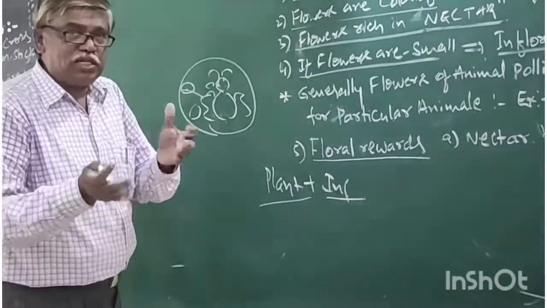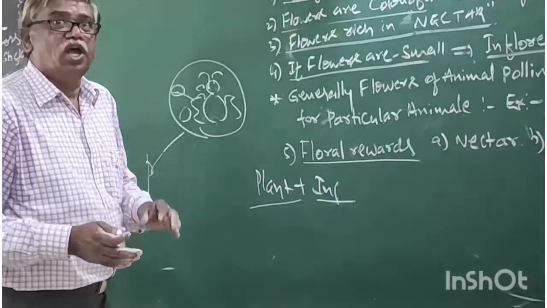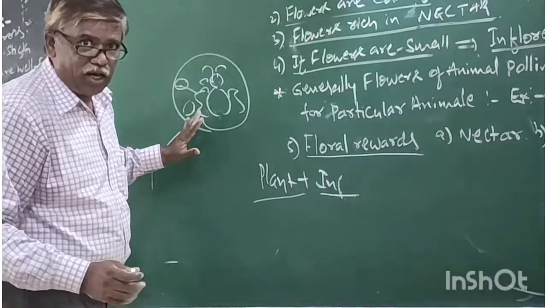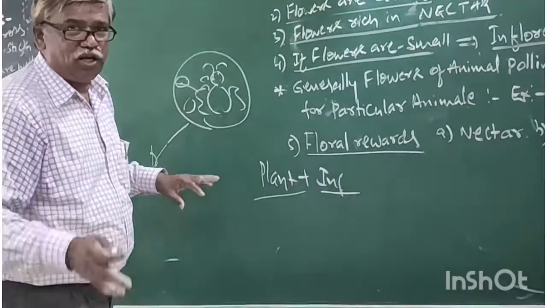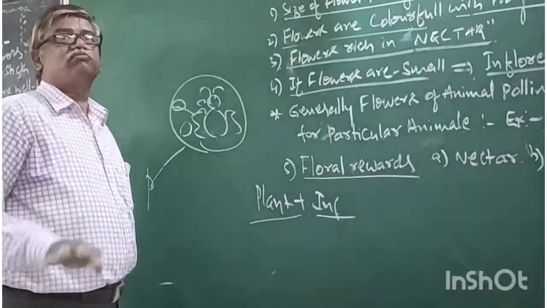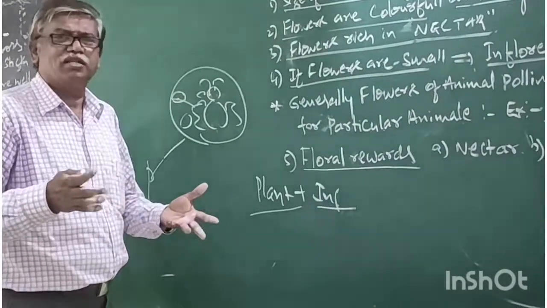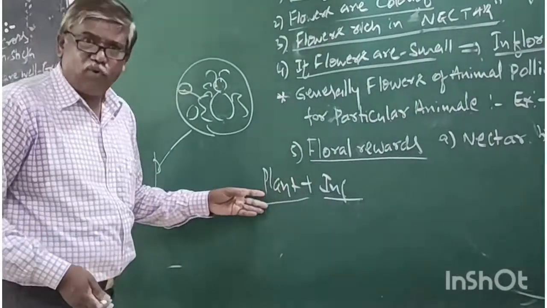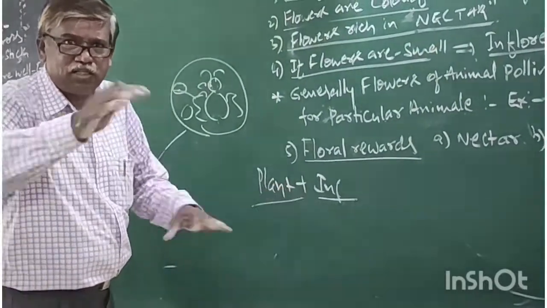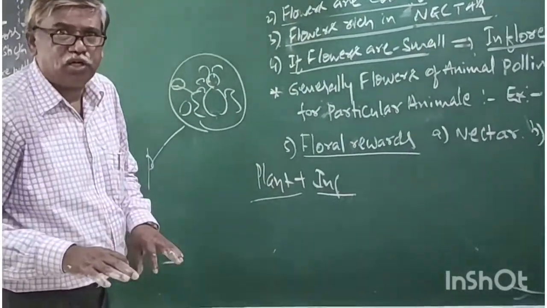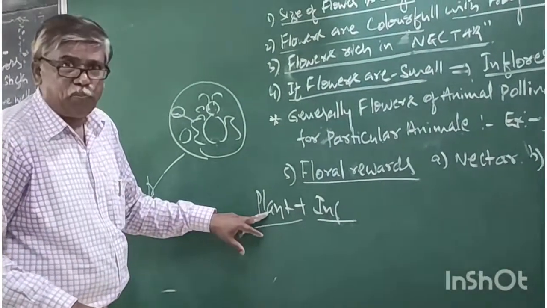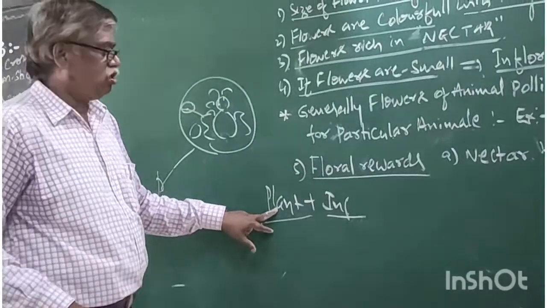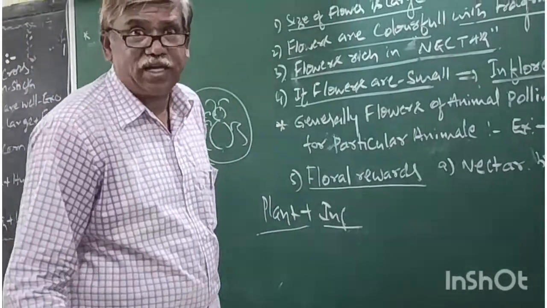So plant and insects are both benefited. If the plant cannot give the reward, the insect will not visit next time. Just it is the interaction between flower and insect. In this interaction, both are benefited: the plant by pollination, the insect by reward.